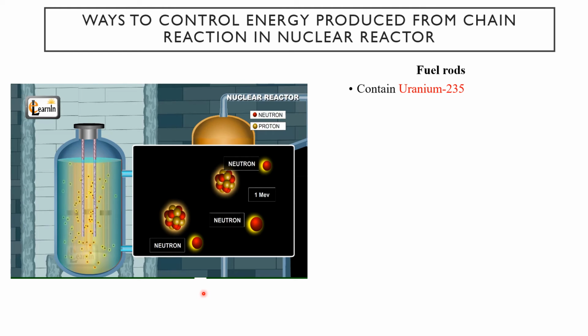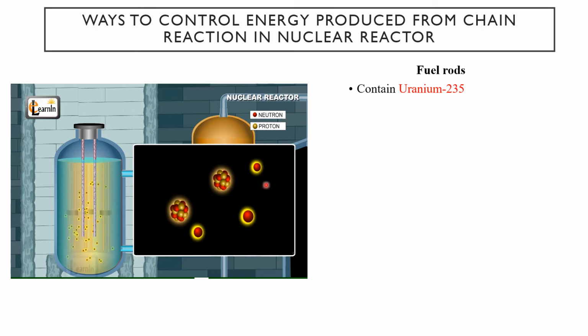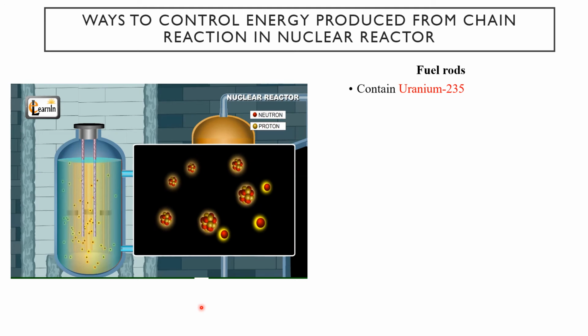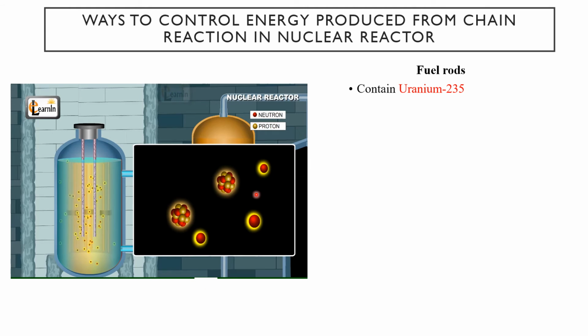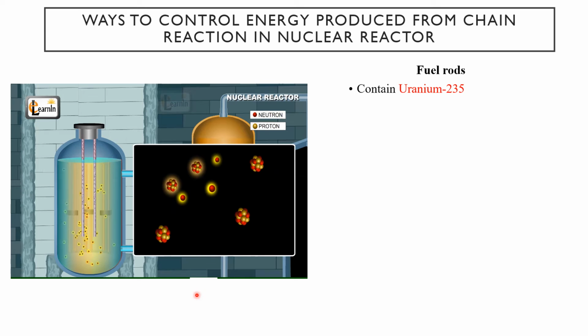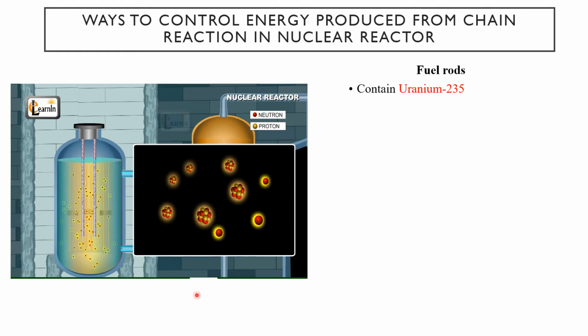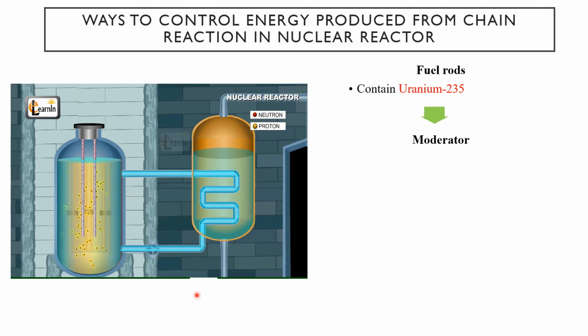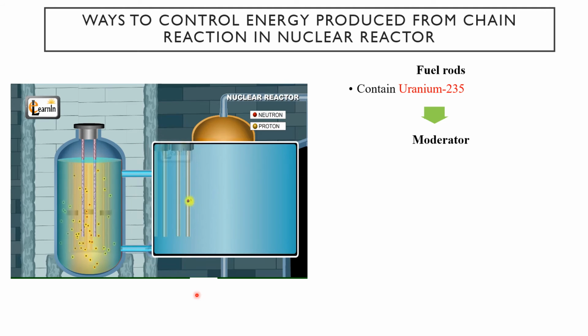This new neutron which has high energy may escape and produce another fission process, as you can see in this figure, and they have a capability to produce another fission reaction. So here the moderator comes into play, where the moderators have a capability to slow down the speed of this high energy neutron.